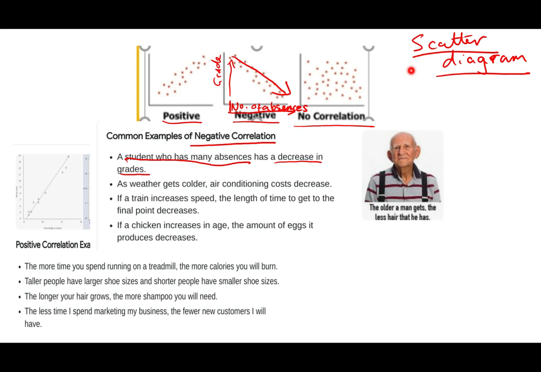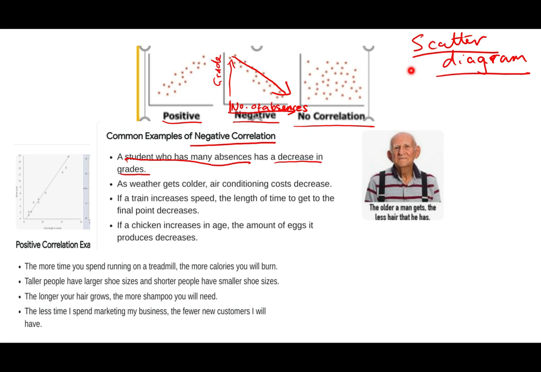Okay, some other examples of negative correlation are as weather gets colder, air conditioning costs decrease. Also, if a train increases its speed, the length of time to get to the final point decreases. So, here the speed is increasing, but the time is decreasing.